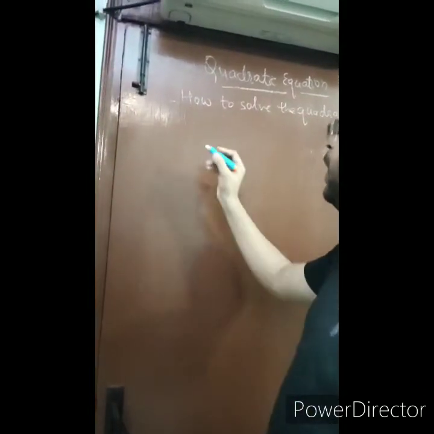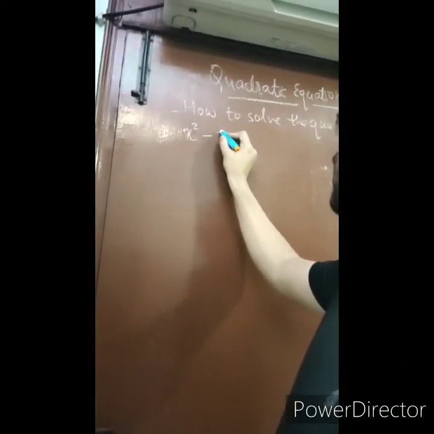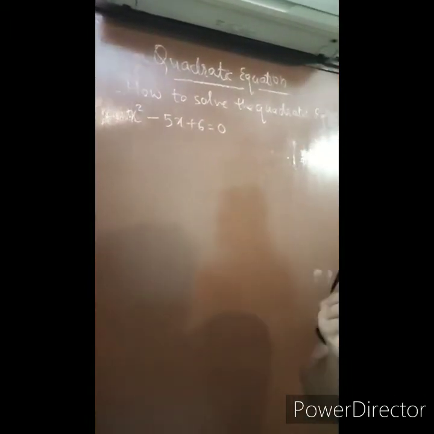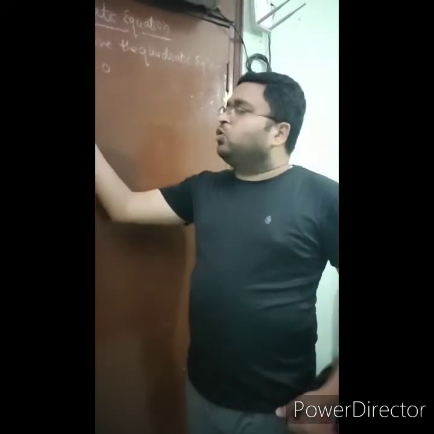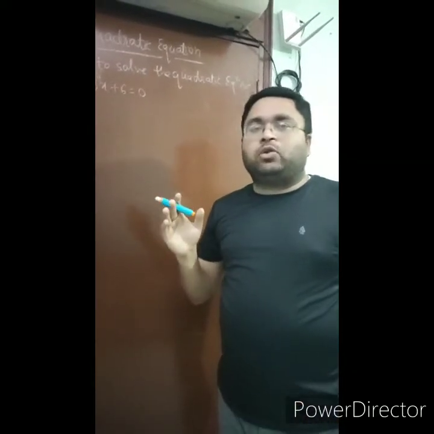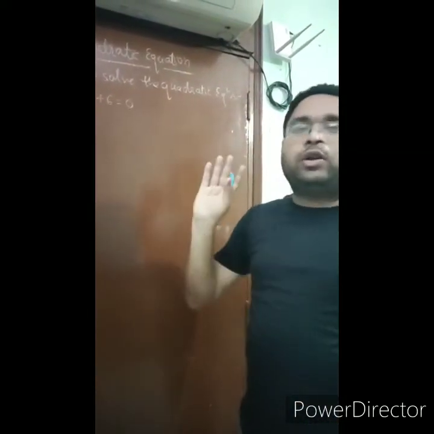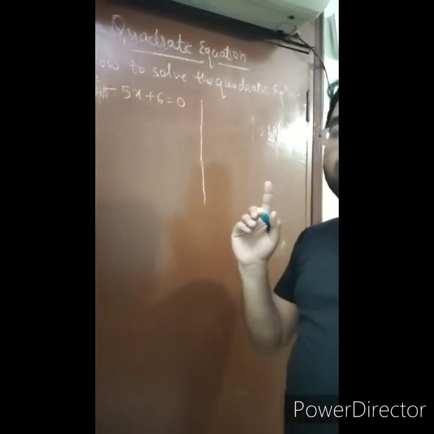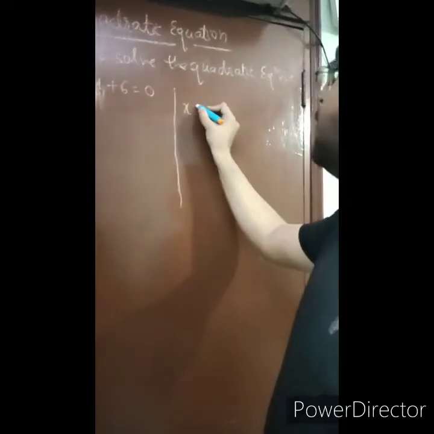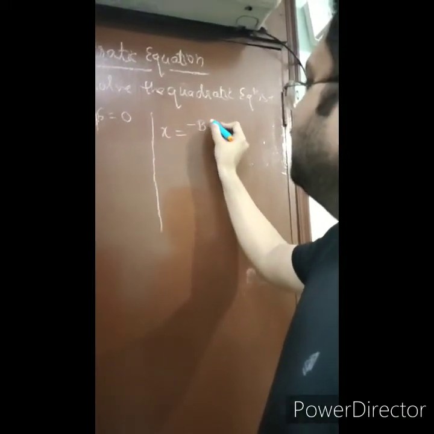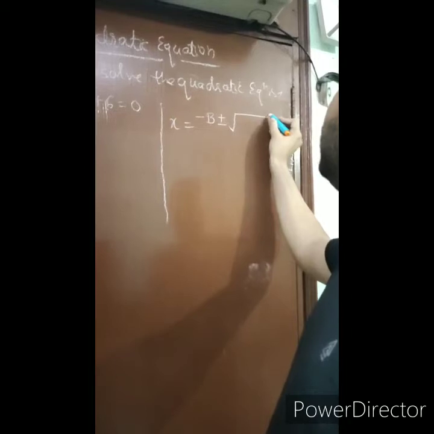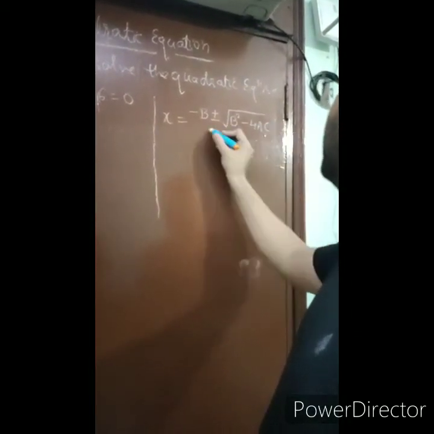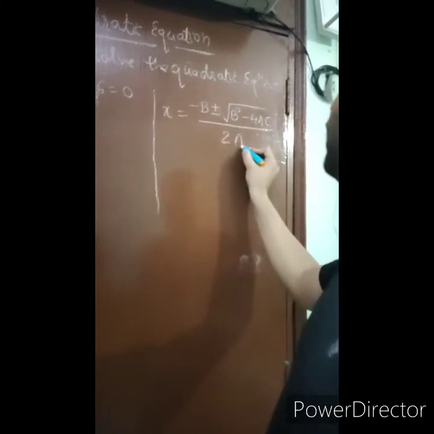Now again we are taking the same equation, x square minus 5x plus 6 equals 0. You also know the answer, x equal to 3 and x equal to 2. But by using Sridharacharya formula, how can we get the answer? See here. Firstly, you must learn the formula. The formula is x equals minus b plus minus under root b square minus 4ac, divided by 2a.